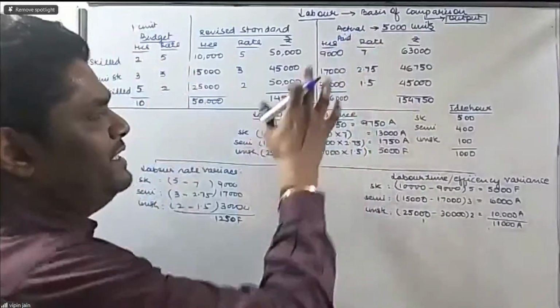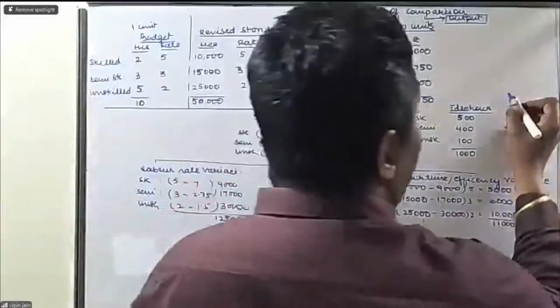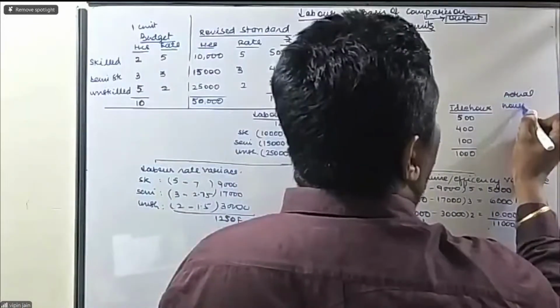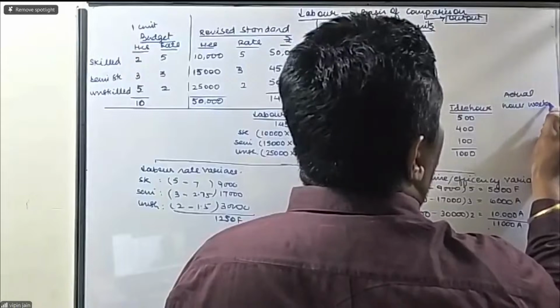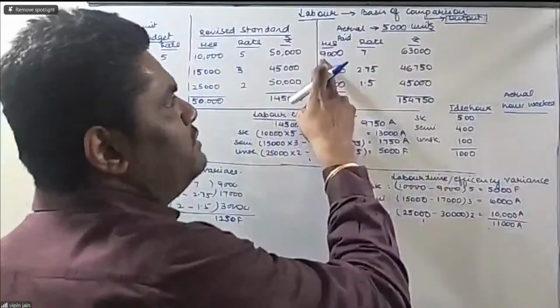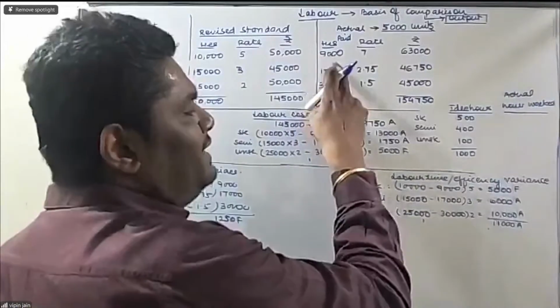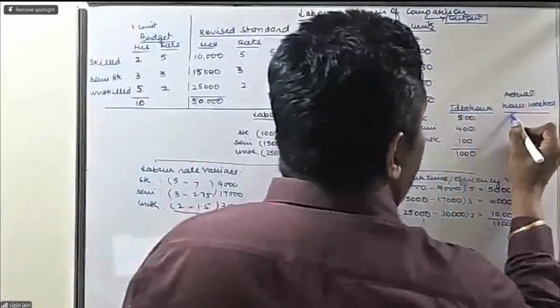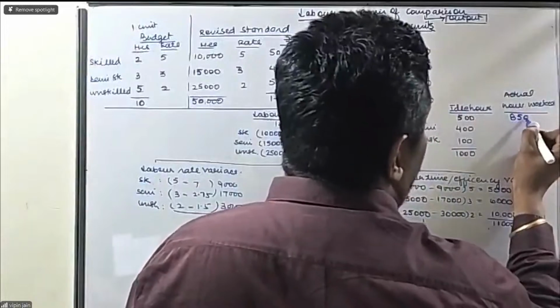We are paying them for these hours, but when talking about actual hours they worked, for 9,000 hours we are paying them, but the idle hours are 500. So they have worked effectively for 8,500 hours only.